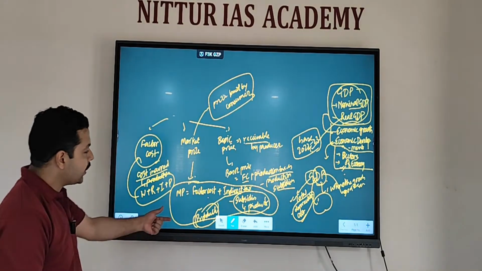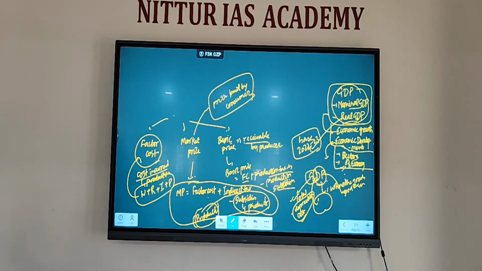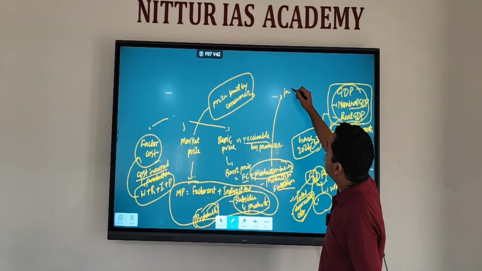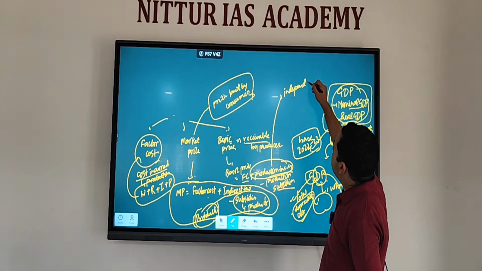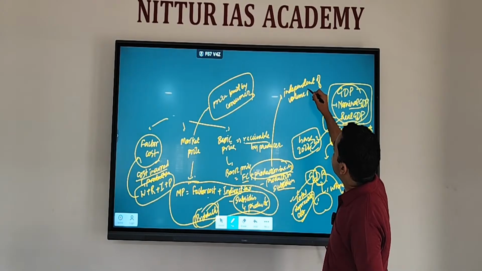Now what are product taxes and product subsidies? As we discussed, these are levies on a product. Last class we discussed production taxes are independent of the volume of production. How much you are producing does not matter.